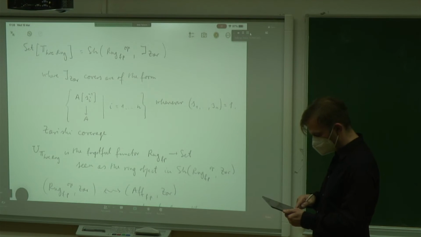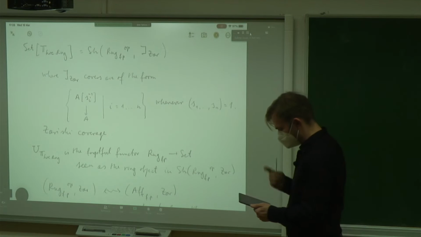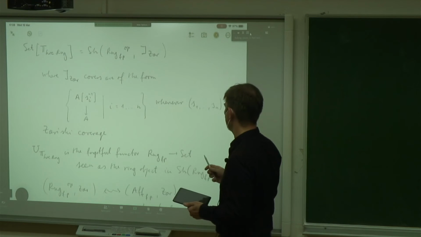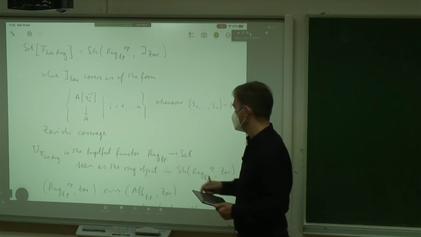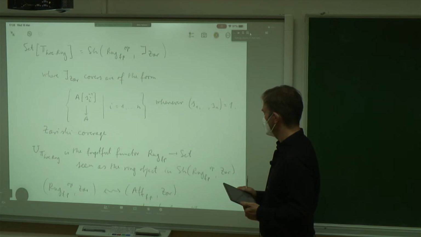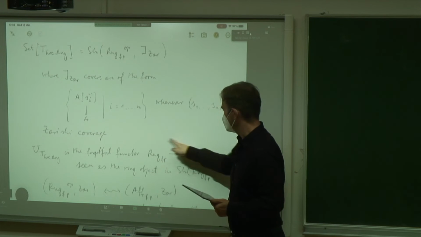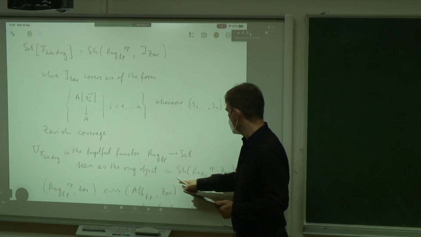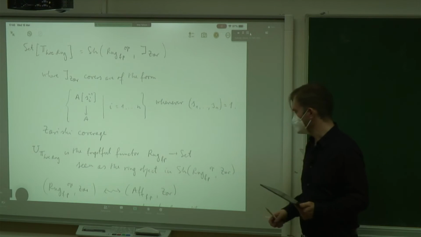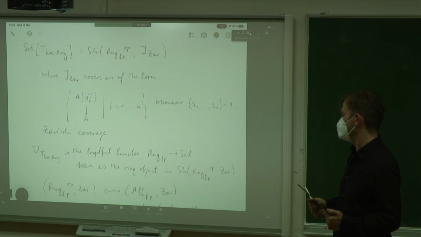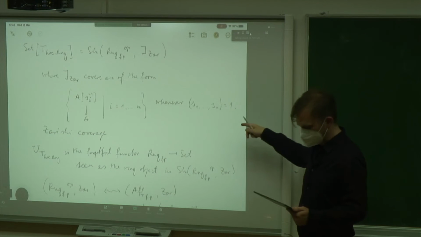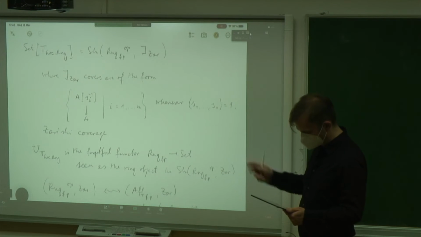Now, the universal model simply corresponds to the forgetful functor from finitely presented rings into Set. And you have to think a little bit about how you see this functor as a ring object in this category of sheaves. You need some facts about this Zariski topology. You need to know that it's subcanonical, whatever that means.